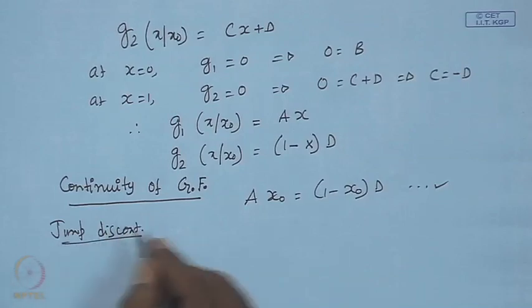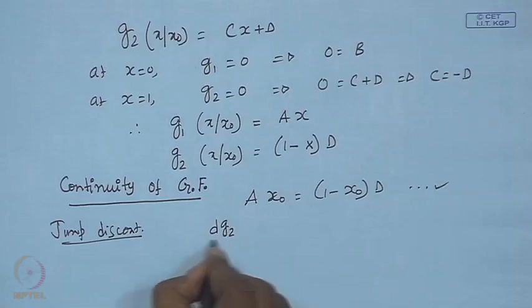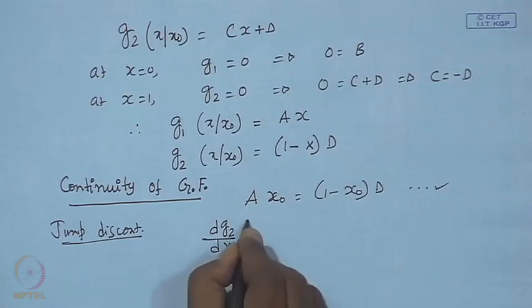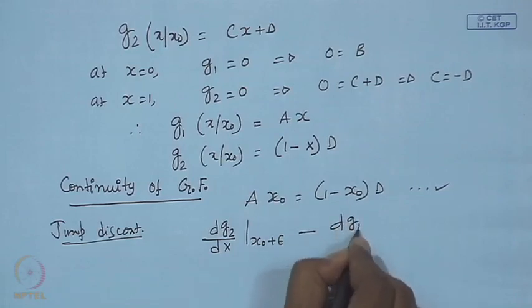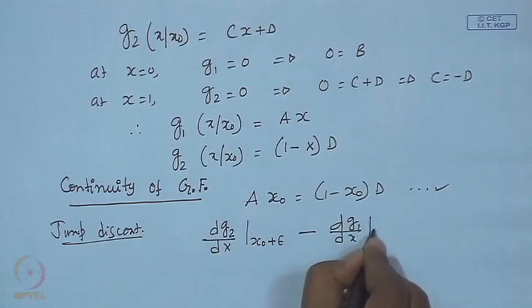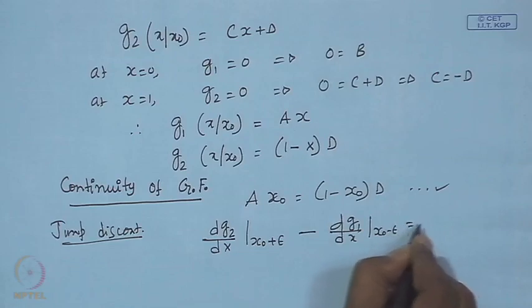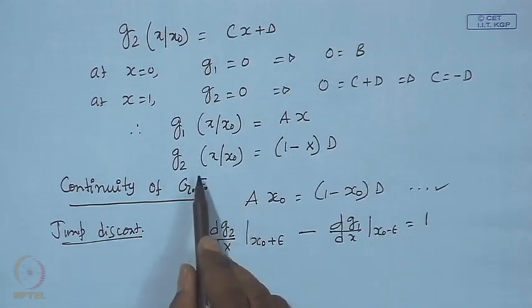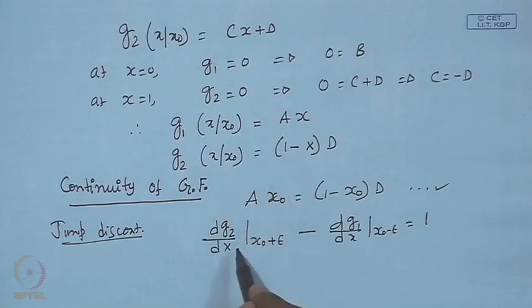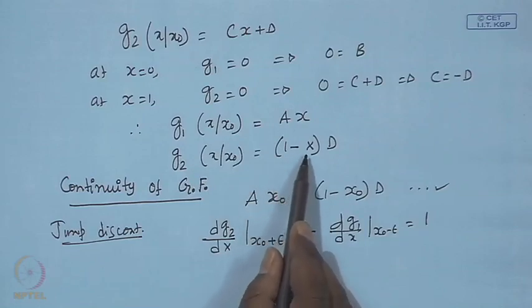This will be d g 2 dx evaluated at x naught plus epsilon minus d g 1 dx evaluated at x naught minus epsilon should be equal to 1. So, what is d g 2 dx? d g 2 dx is nothing but minus d.